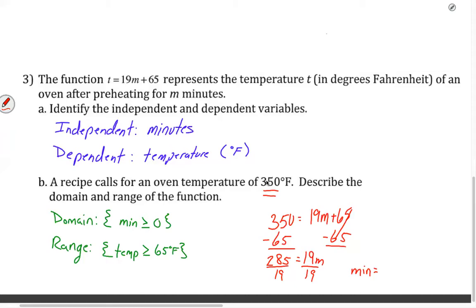Yeah. So it's 15 minutes, which is nice to know because before my friends or company comes over, I could put on my oven 15 minutes in advance and get it cooking so that the food can go in and then cook. All right, so they're not waiting around.